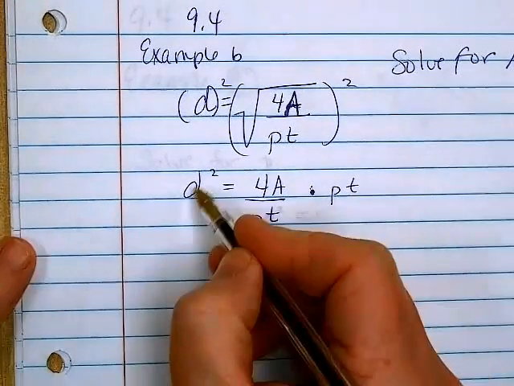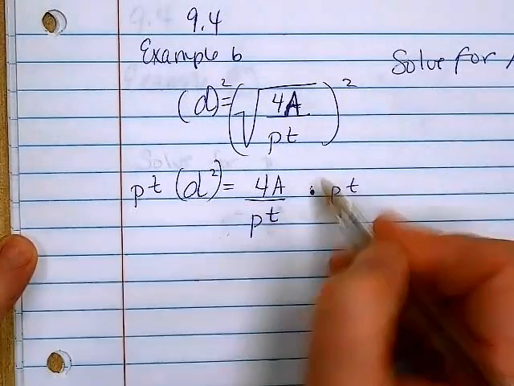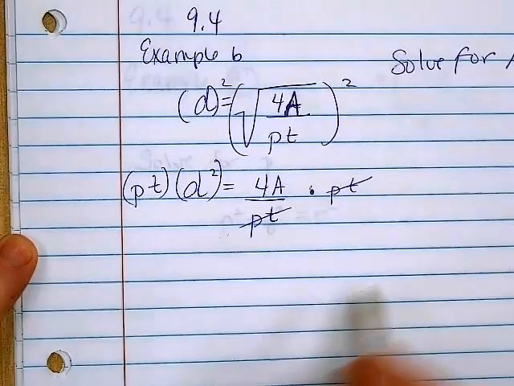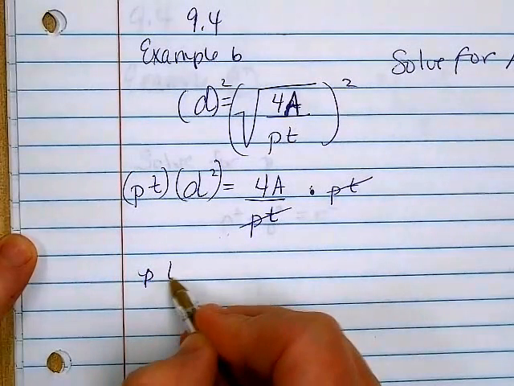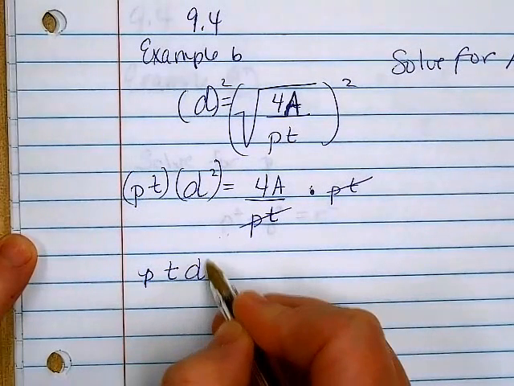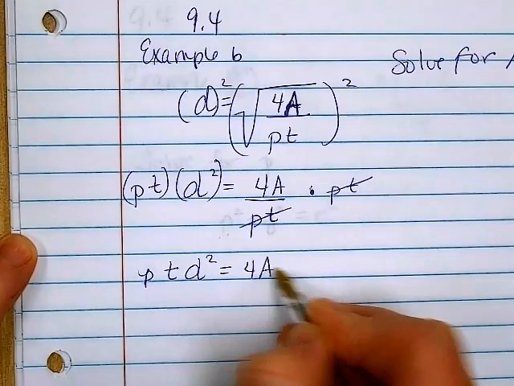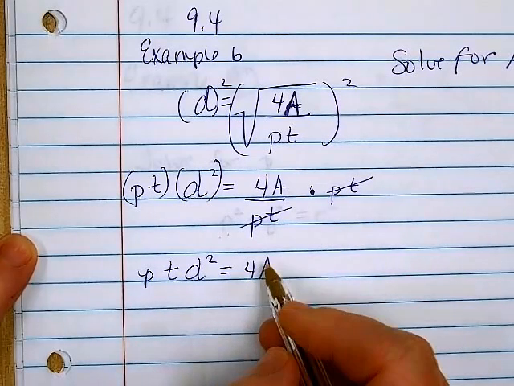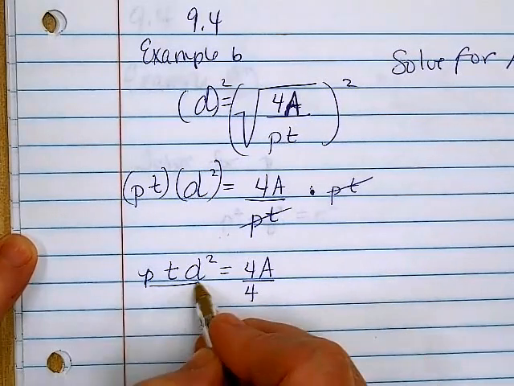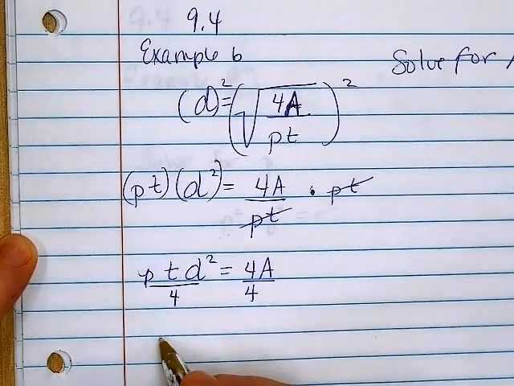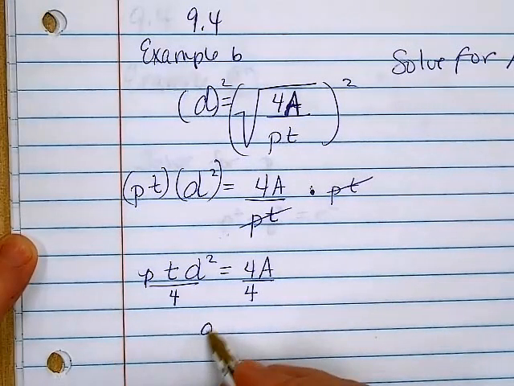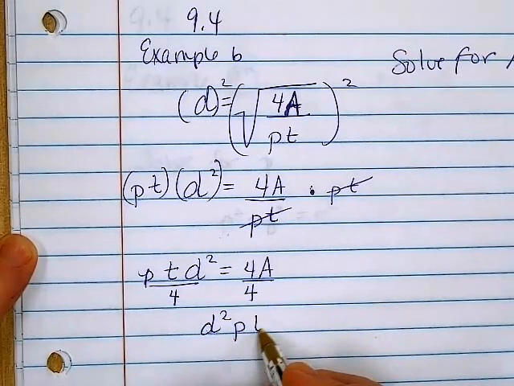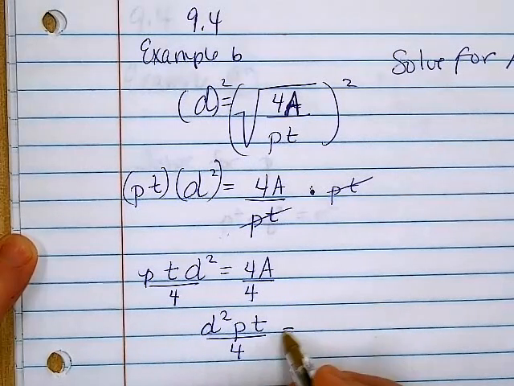I'm going to multiply both sides by PT. So I have PT D squared equals 4A. Now all I have to do is divide by 4. So my final answer here is D squared times P times T over 4 equals A.